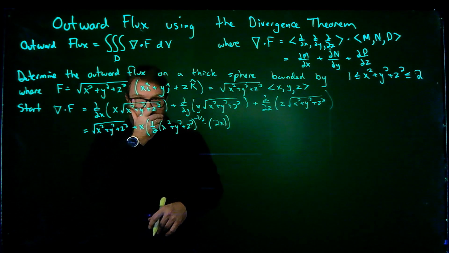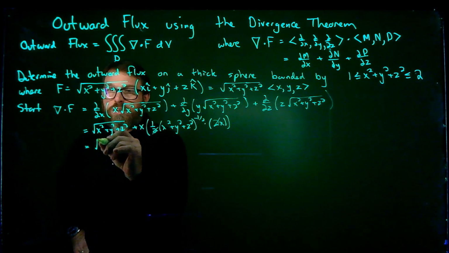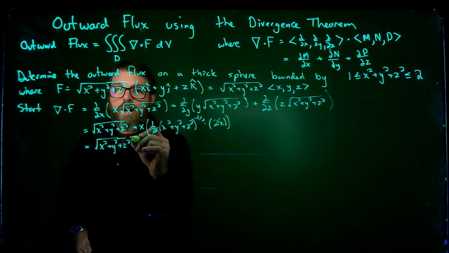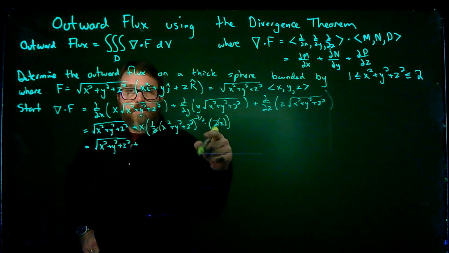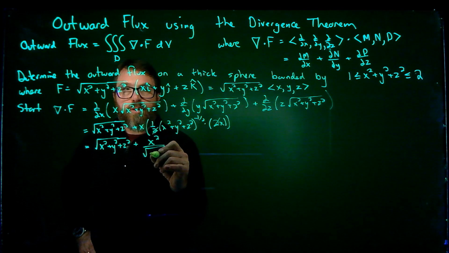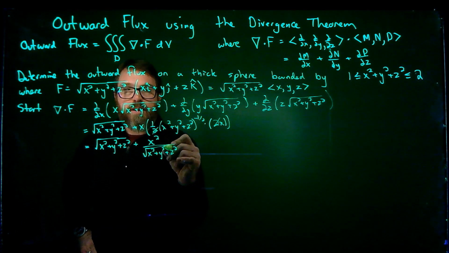Now, the 2's are going to go away. So we're going to have the square root of x squared plus y squared plus z squared, plus x times x, which is x squared, and in the denominator we're going to have that square root of x squared plus y squared plus z squared.